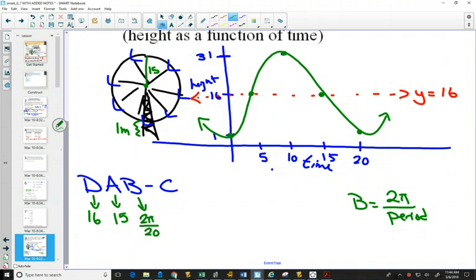You could reduce that to pi over 10, but I actually prefer 2 pi over 20 because when I see 2 pi over 20, I can see the period be 20 right in that fraction. So it tells me more than pi over 10, which is a simplified one, but it doesn't tell me as much. Because your period is always 2 pi over your B value, and your B value is always 2 pi over your period. So when I write it as 2 pi over 20, I can see that my period is 20 right away.